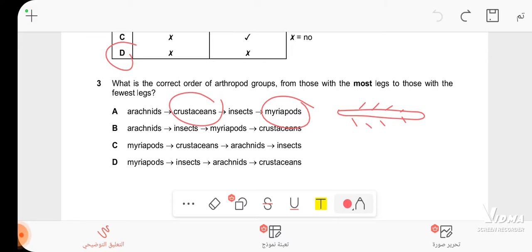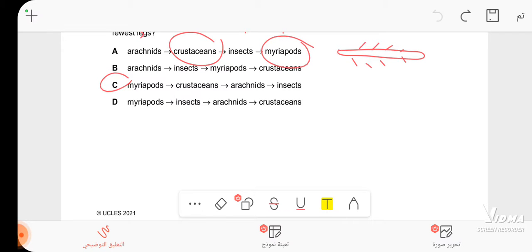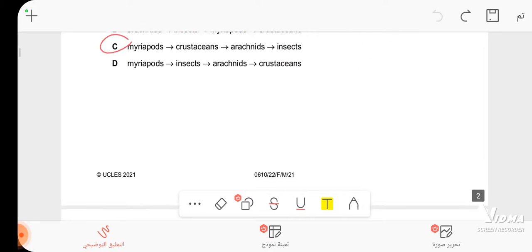So myriapods are 1, crustaceans are 2, then we have arachnids, which are 3, and insects, which are 4. So the suitable answer here is C. You have to be aware of the chapter on classification and the difference between arachnids, the spiders, and the crustaceans, the aquatic animals, and the insects, and the myriapods, and the difference and how many parts are in their body.